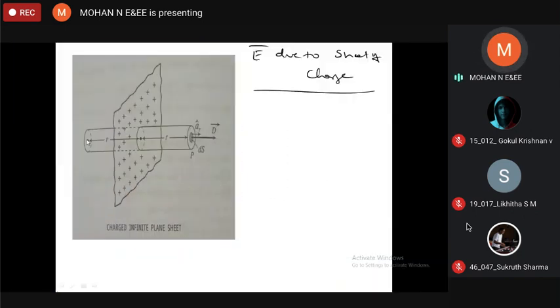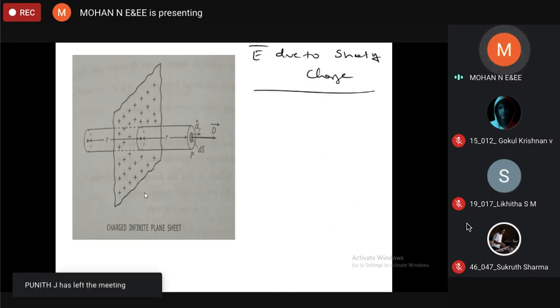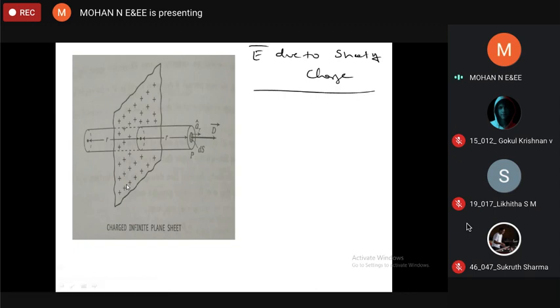What do you have? You have an infinitely charged sheet or plane, along like this. It can be on the XY plane, it can be on the YZ plane, it can be on the XZ plane also.